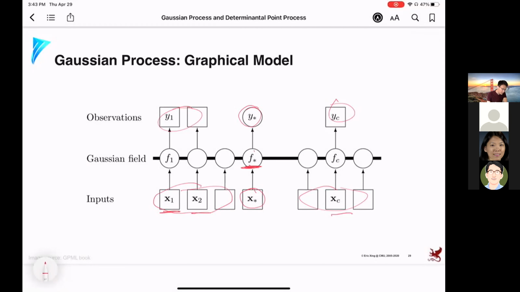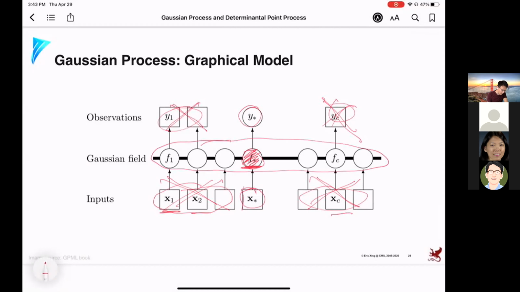In that case, once F star is known, it's like we conditioned on this F star, and all of these data points, we have already utilized the information in it. So Y star will be independent from all this stuff, because the information is already captured inside F star. But for this Gaussian process, this non-parametric model, we always think about all of this as dependent on each other.